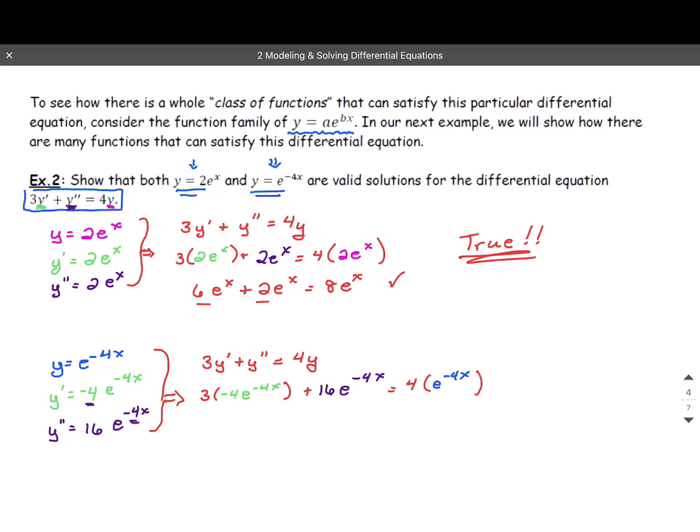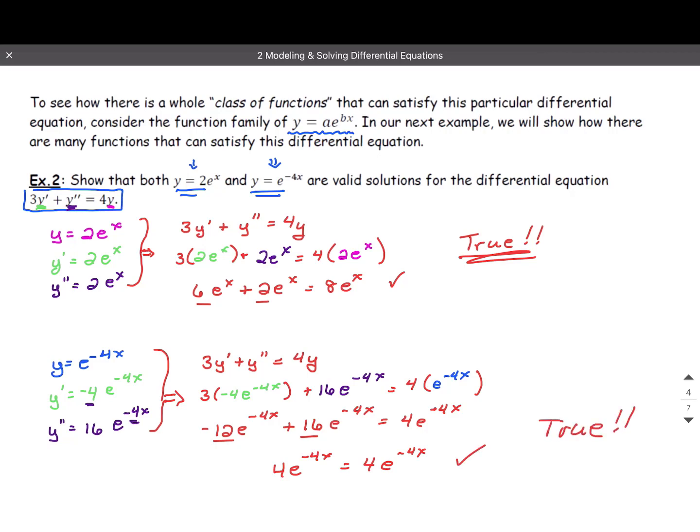Now we're going to do some work here. 3 times negative 4 is negative 12 e to the negative 4x plus 16 e to the negative 4x. And then we have 4 e to the negative 4x. And notice negative 12 plus 16, that is indeed 4 e to the negative 4x. These are the same. We know this is true.